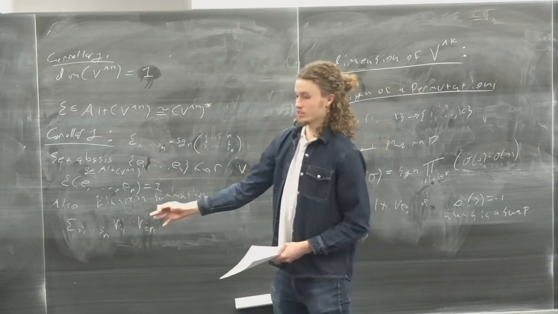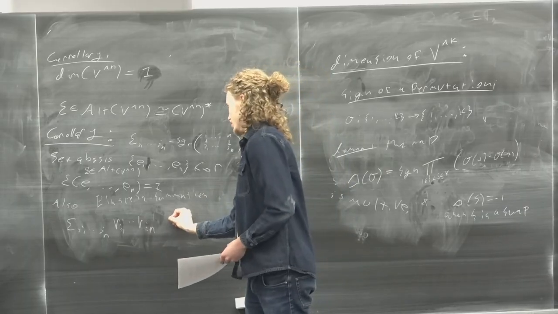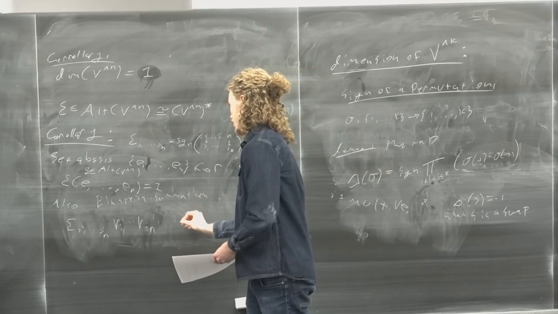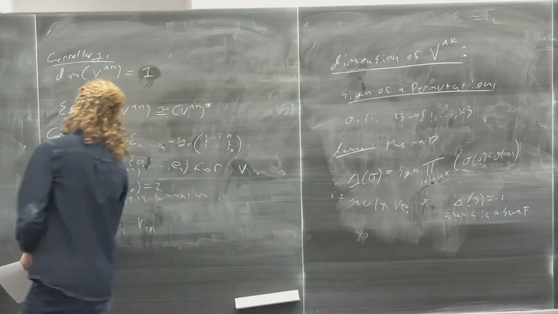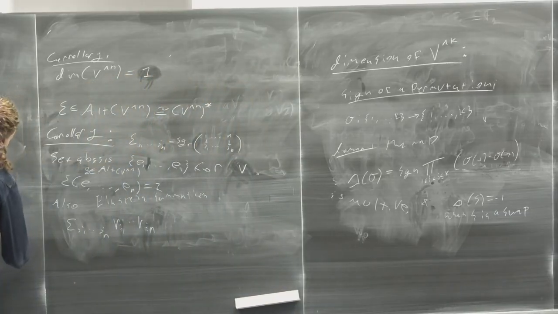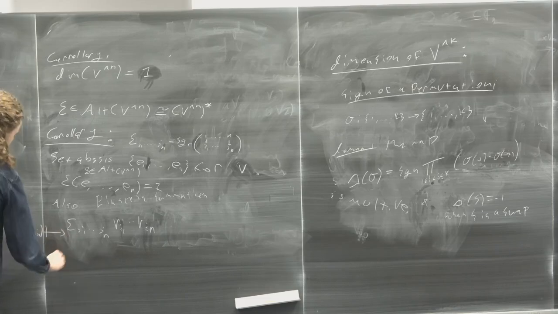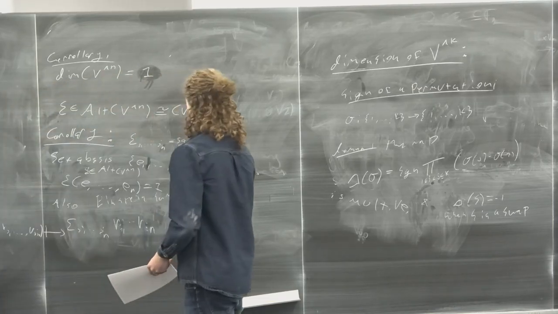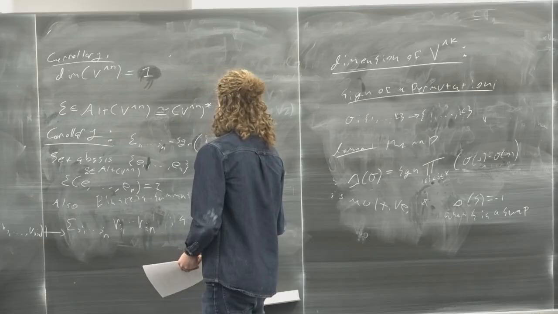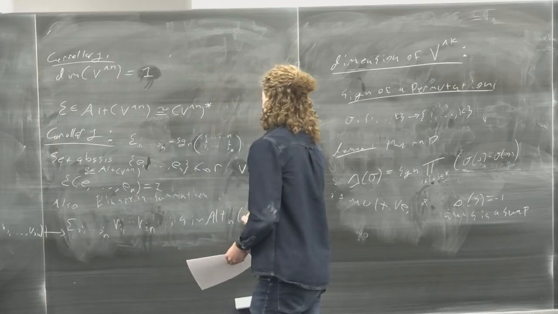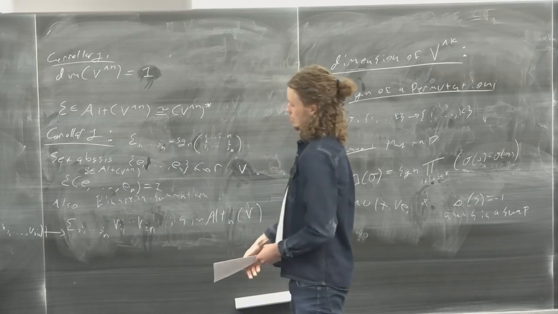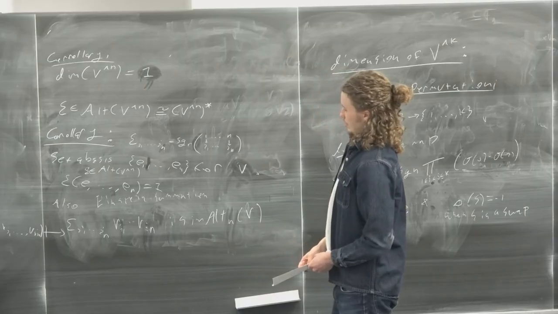This is antisymmetric and multilinear. So the thing that maps v_I1, up to v_In, to this is in alt sub n of v. Why is that?